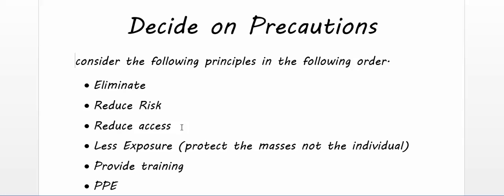So try and isolate the issue, less exposure, so protect the masses, not the individual. So in the case of edge protection, try and provide edge protection rather than a full arrest system, which just protects the individual, or certainly try and extract dust away from a problem rather than provide people with dust masks. Provide training, and PPE is really a last resort to consider.